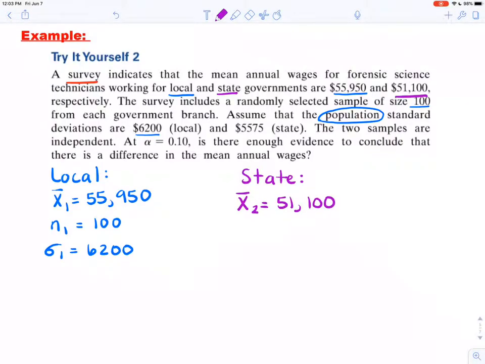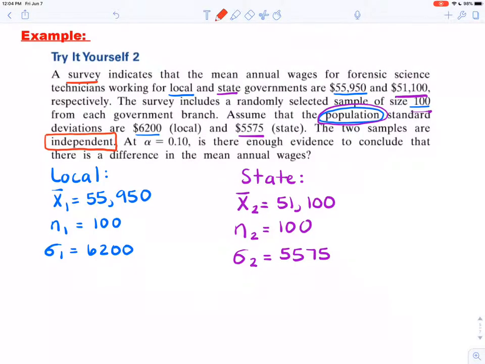I have a sample size of 100 again. These 2 samples have the same size. And then again, population standard deviation. That's going to be sigma 2, which is $5,575.